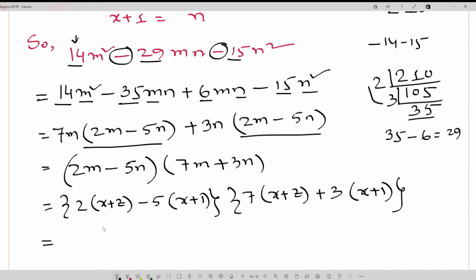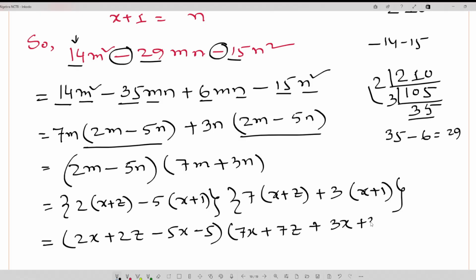So this is 2x + 2z minus 5x minus 5, and this side here is 7x + 7z + 3x + 3.